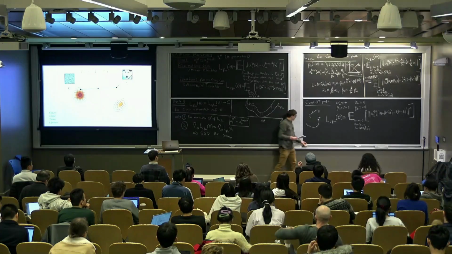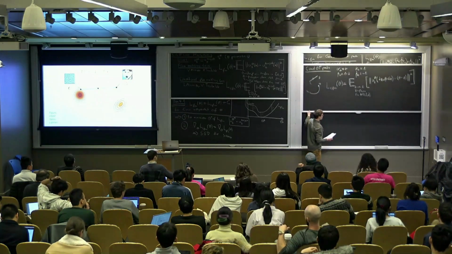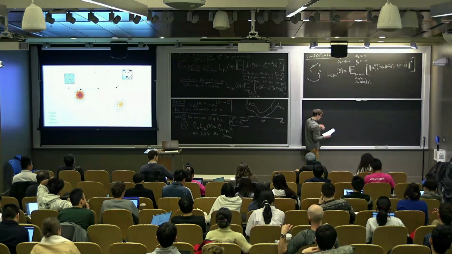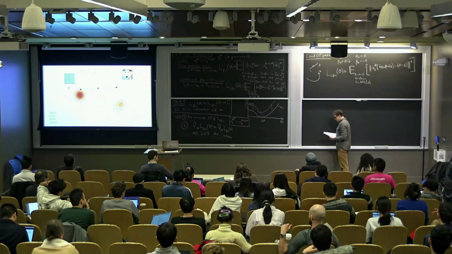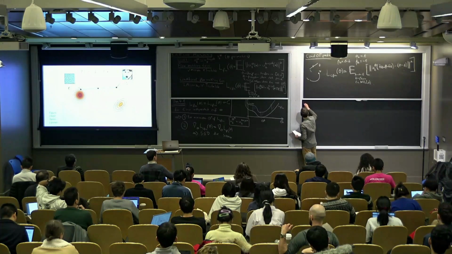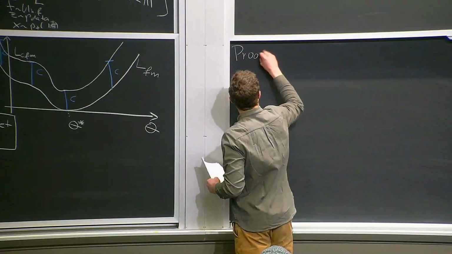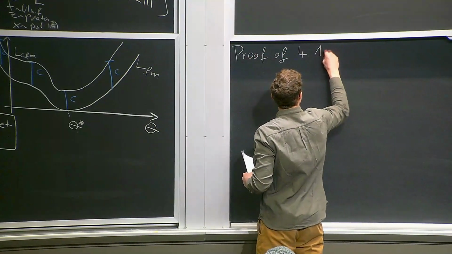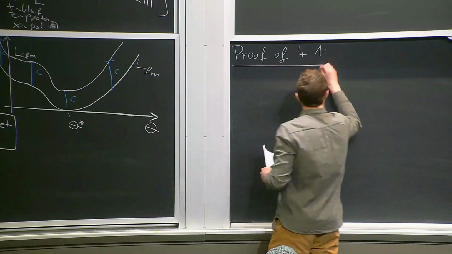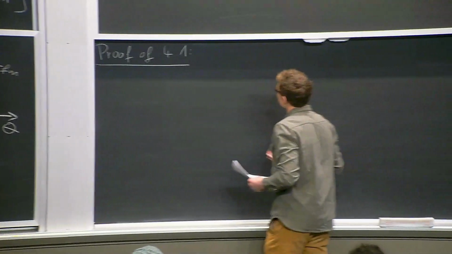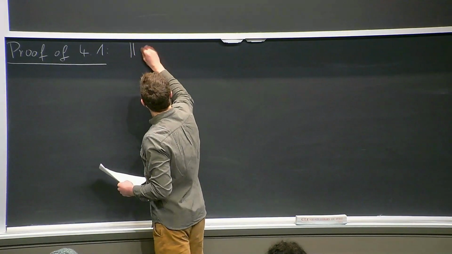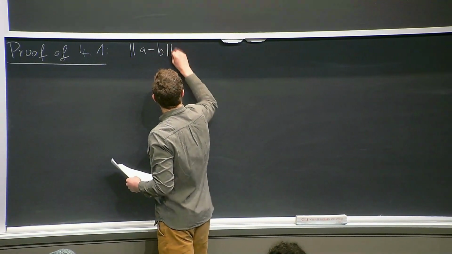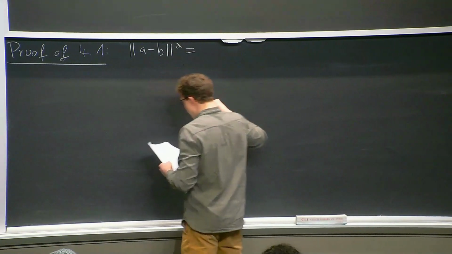Okay, good. I wanted to quickly sketch the proof of theorem 4.1, just because it's important. But it's not going to be relevant. Like, you don't have to know this. Essentially, what we're doing here is using this formula twice.